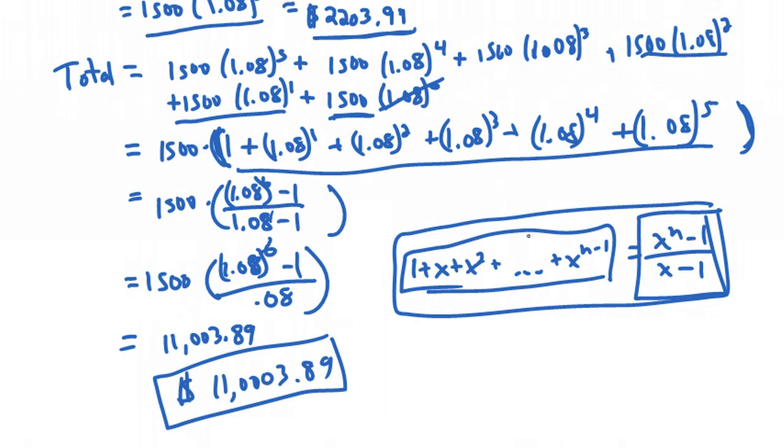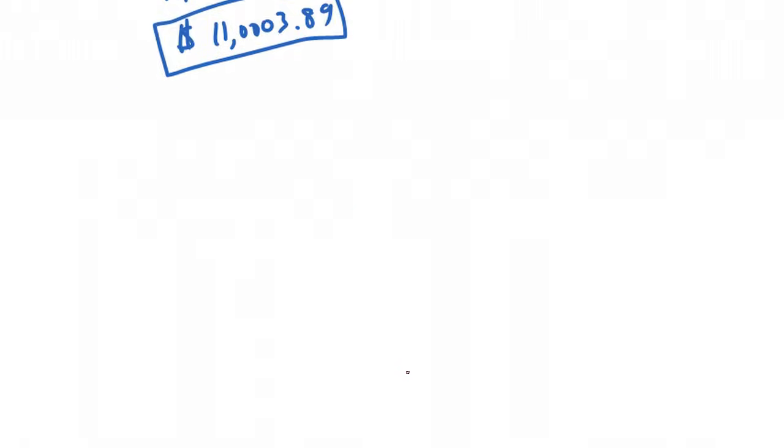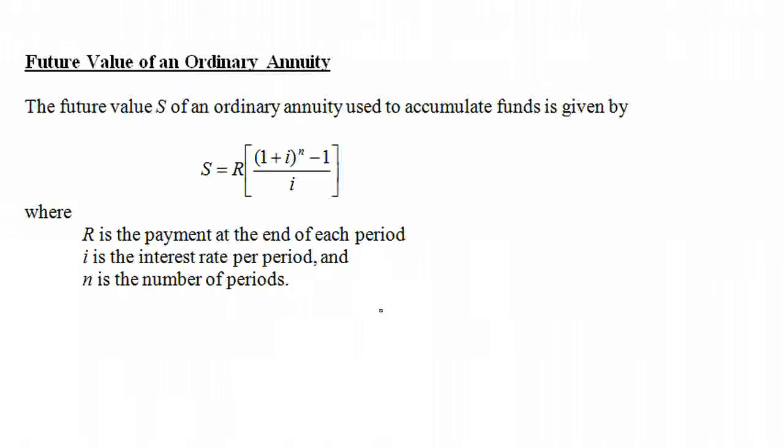The key part though was figuring out that when we added up all these terms here, we could use the formula from the previous video. Now, one thing I want to point out is let's look at this right here. In fact, let me put it in red. Let's talk about the formula for the future value of an annuity.